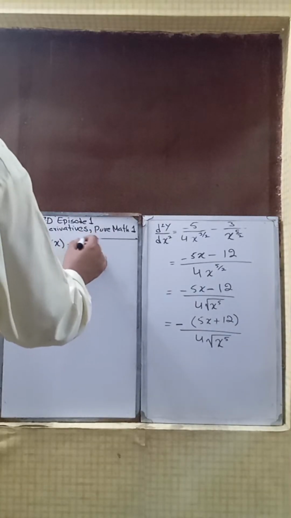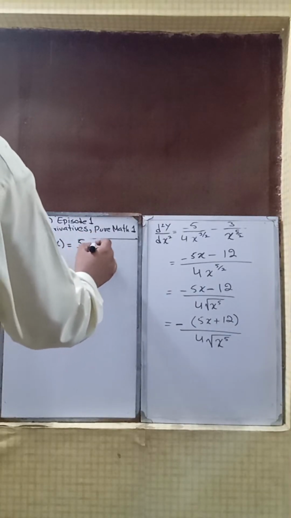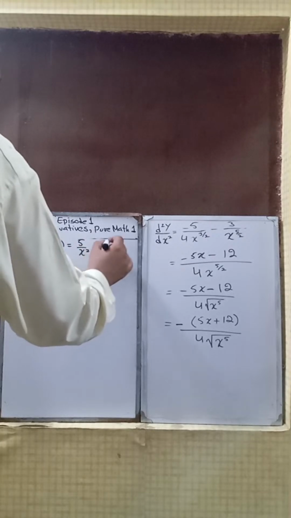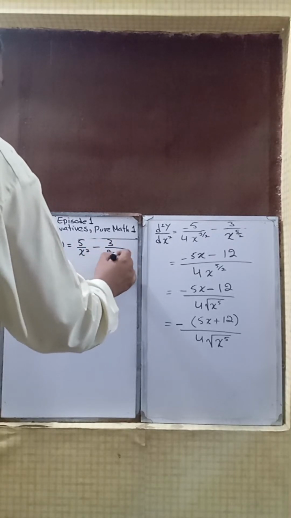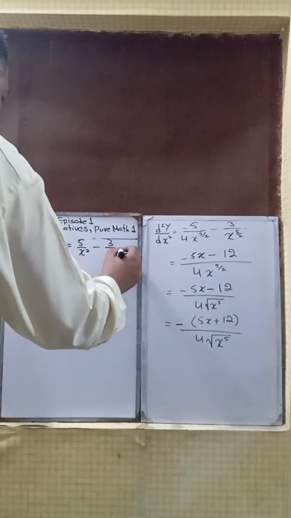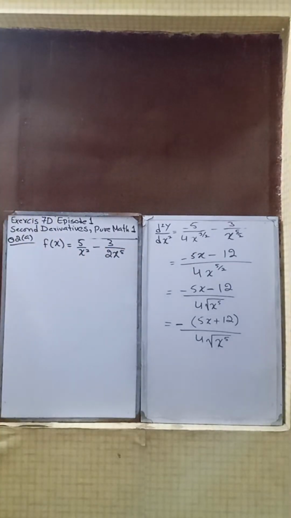5 by x squared minus 3 divided by 2x raised to power 5. So this is how they have given this equation. Like the function is equals to this, f of x is equals to this. They want me to find the second derivative of this.